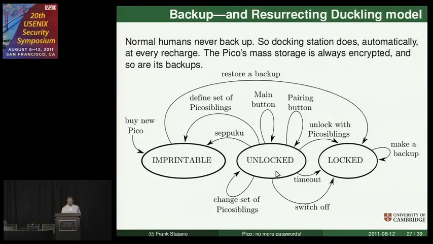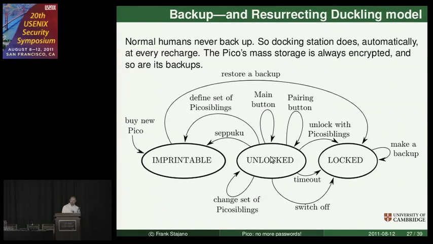From this state where the Pico is unlocked, meaning usable by you, you can press the buttons. You press the main button, you can press the pairing button, it still stays unlocked. You can change the set of Pico siblings. You will have some complicated procedure for unpairing with the previous set and repairing with the new set.